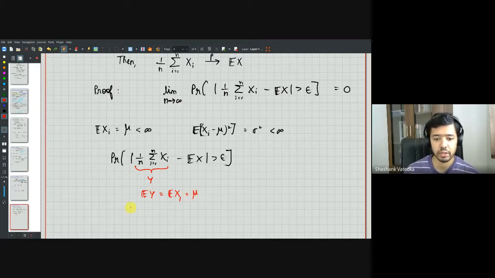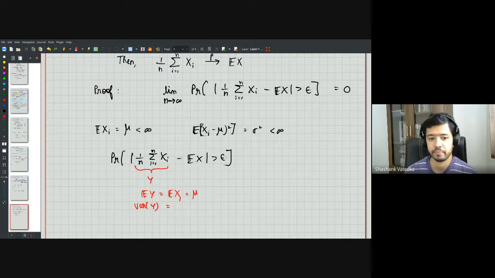So it's equal to the expectation of x1, which is mu. Okay. And what is the variance of y? These are all IID. The xi's are all IID. So what is the variance of the summation of xi divided by n? Exactly.